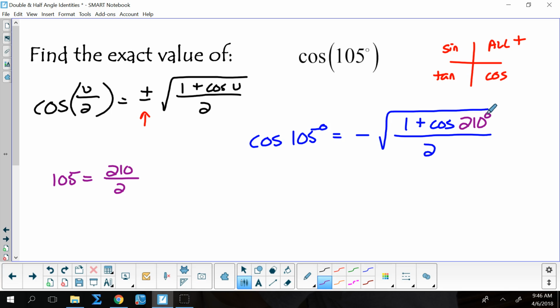Okay? So what is the cosine of 210 degrees? What did you say? Negative square root 3 over 2?